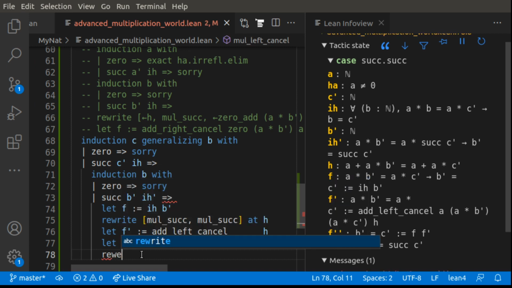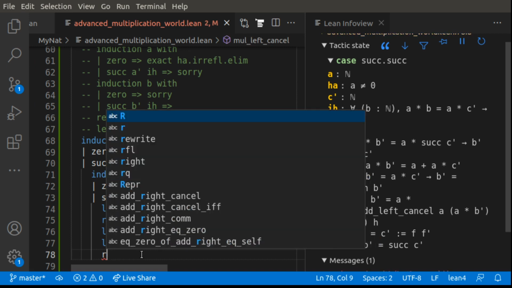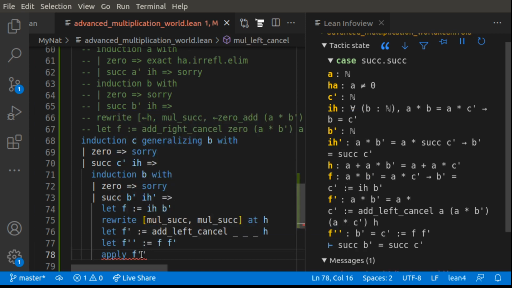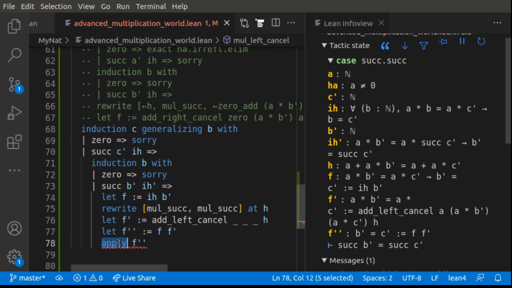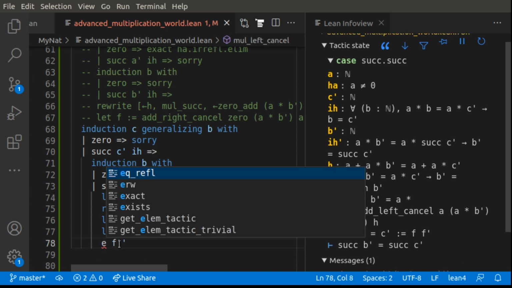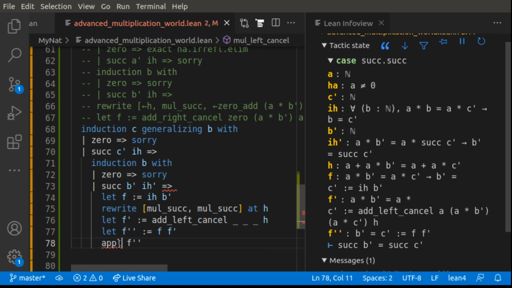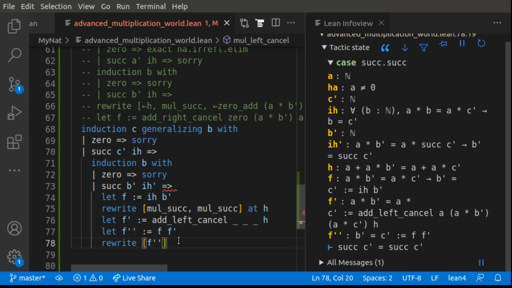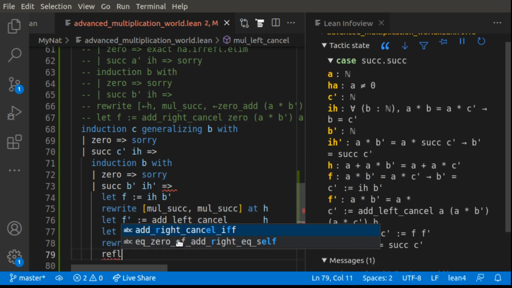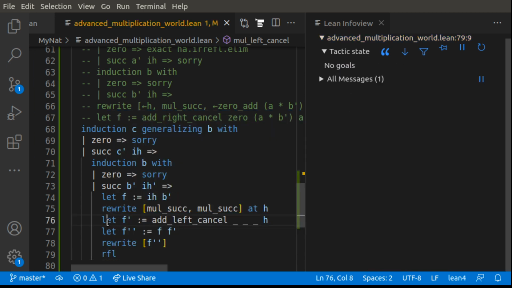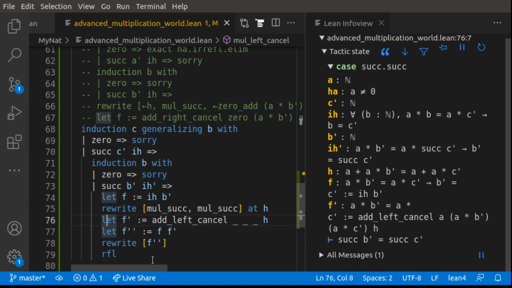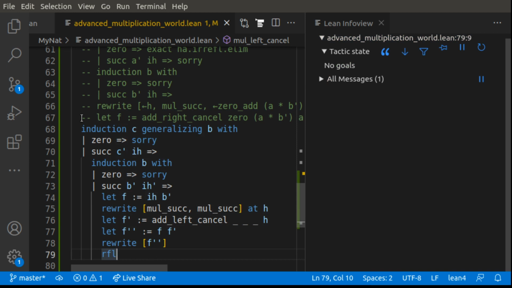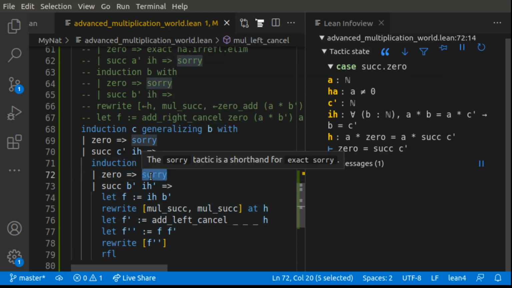So just apply F double prime. Or does it apply, or just rewrite F double prime? Reflexive. Woo! We solved the successor case by doing induction twice. Boy, was that tricky. Now we gotta solve our sorries.